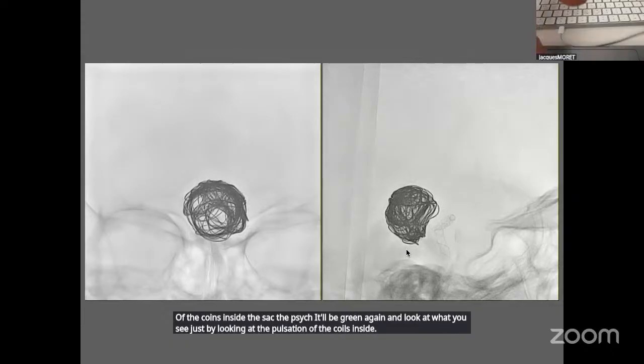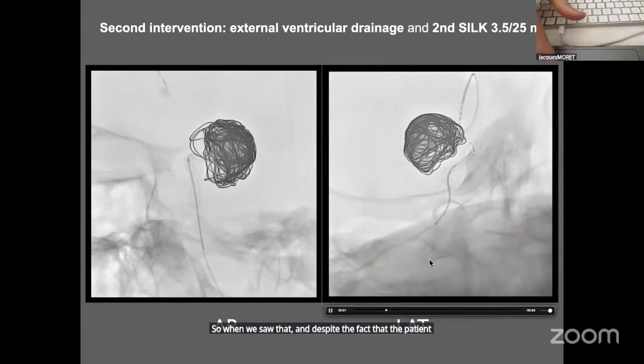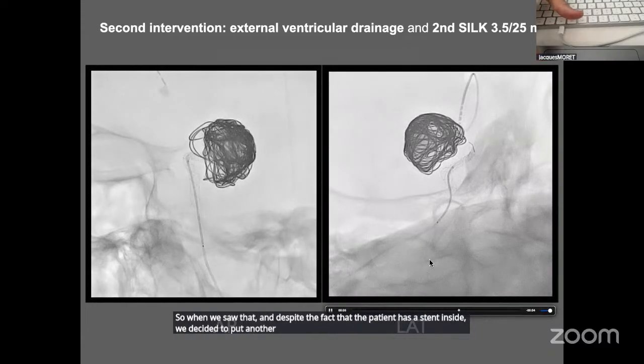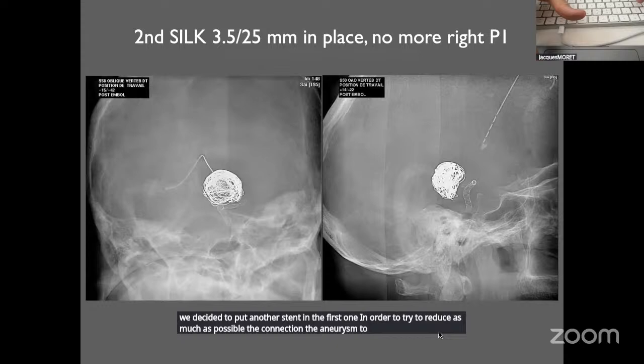So when we saw that, and despite the fact that the patient has a stent inside, we decided to put another stent in the first one in order to try to reduce as much as possible the connection from the aneurysm to the parent artery.